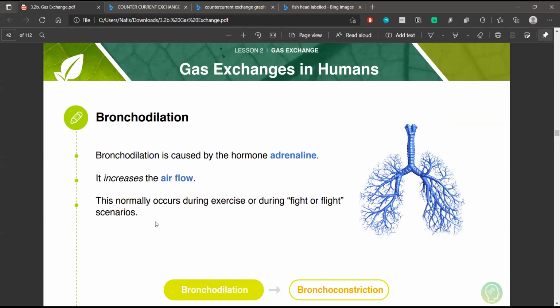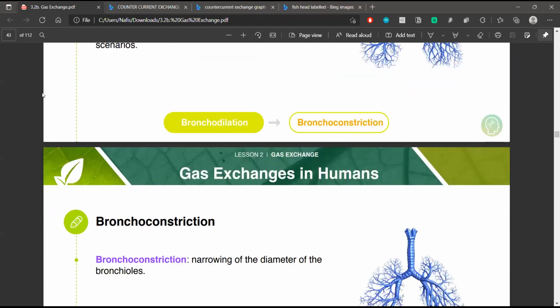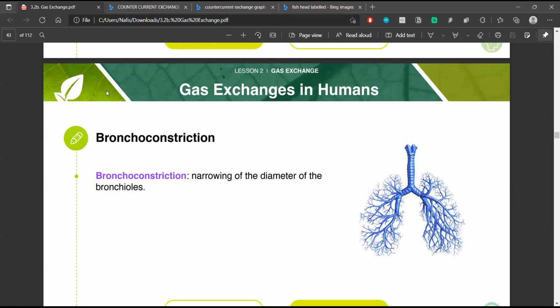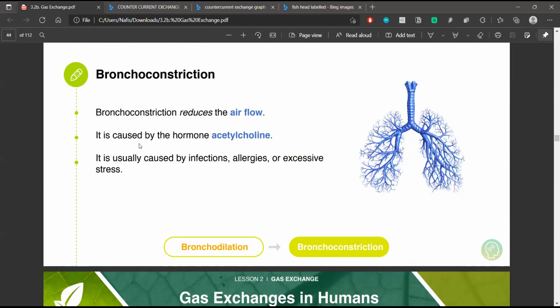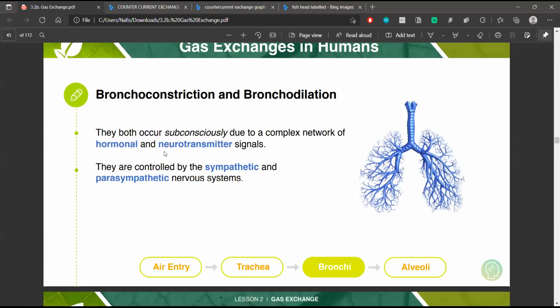Bronchoconstriction, on the other hand, helps narrow the diameter of the bronchioles, and this is caused by acetylcholine, which is mainly released to prevent further allergies and infections or excessive stress. These both occur subconsciously. There's no conscious regulation of this.